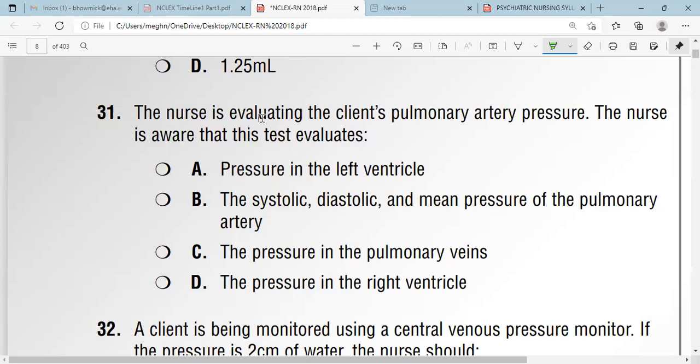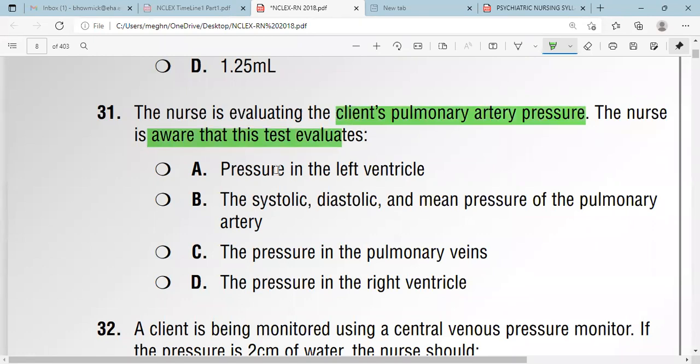Let me read this question one more time. The nurse is evaluating the client's pulmonary artery pressure. The nurse is aware that the test evaluates what? Pulmonary artery pressure, so pressure in the pulmonary arteries, right?